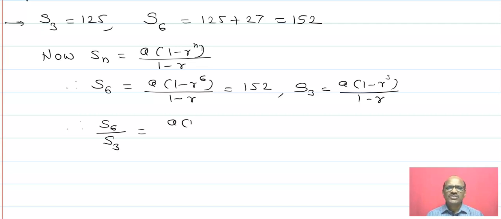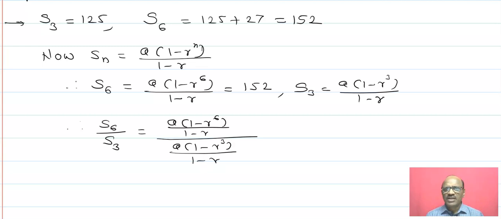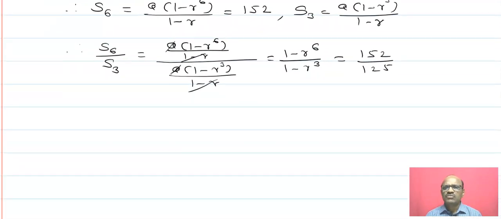If you take their ratios, then you will get S6 upon S3, A in bracket 1 minus R raised to 6 upon 1 minus R, whole divided by A in bracket 1 minus R cube upon 1 minus R. A and 1 minus R get cancelled, and you are getting 1 minus R raised to 6 upon 1 minus R raised to 3, and that is equal to 152 upon 125.